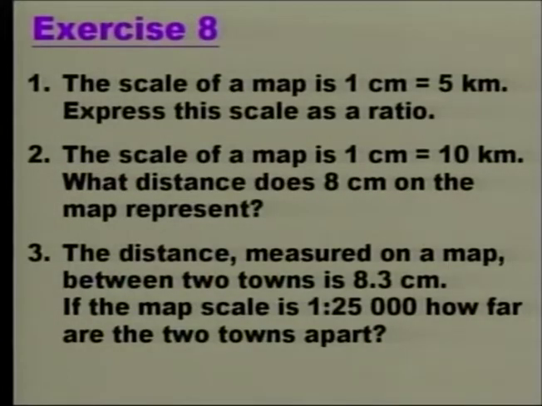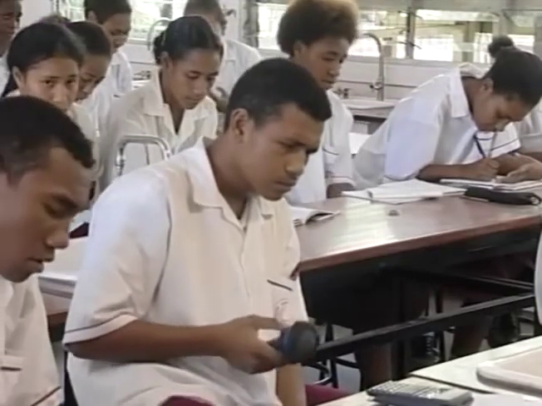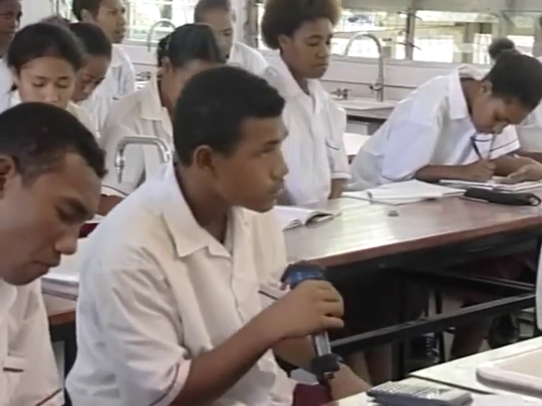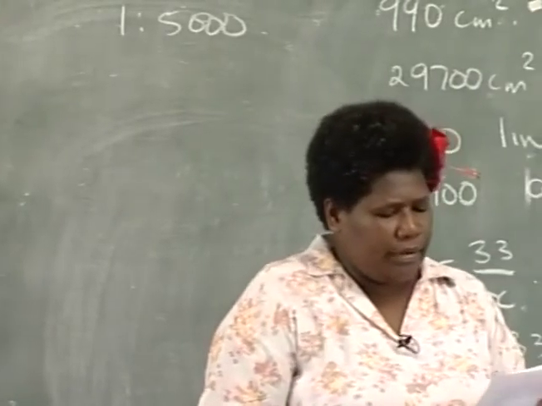Right, number 1. The scale of a map is 1 centimeter equals 5 kilometers. Express this scale as a ratio. Kyle? One is to, did you say 5,000? Okay, express it as a ratio.